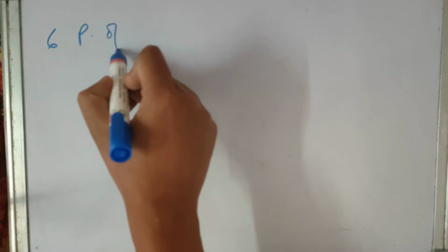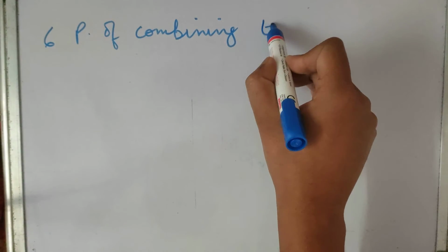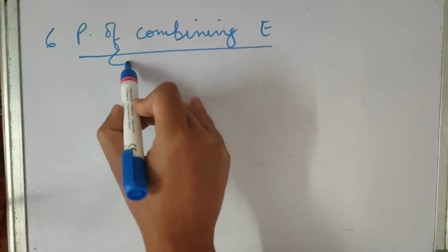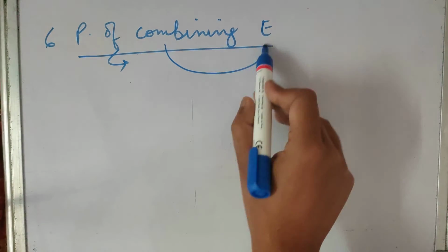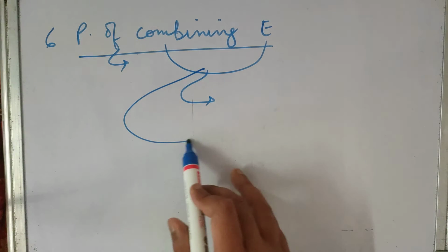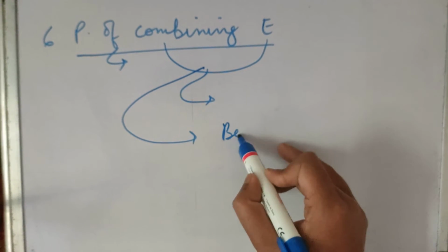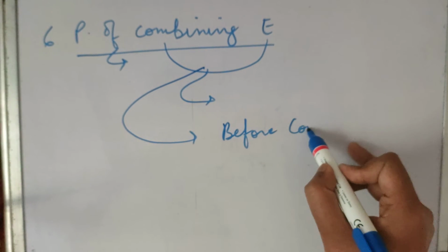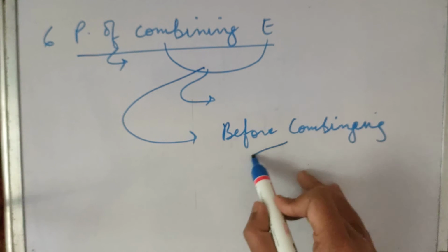Moving on to the last principle, number 6, principle of combining enterprises. Here we combine many enterprises to get maximum results or maximum profits, and before combining them it is better to know their relationship.